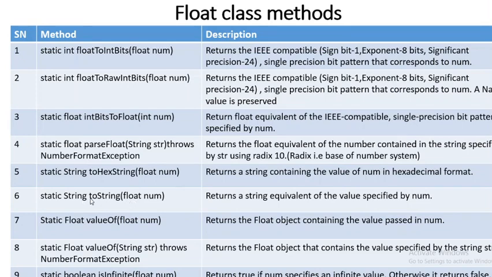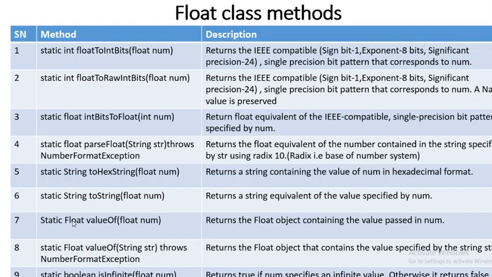Next, return type is string, to string in bracket float num returns a string equivalent of the value specified by num. Whatever the number you are giving as an argument, same number you will get as return, but that number will be a string.